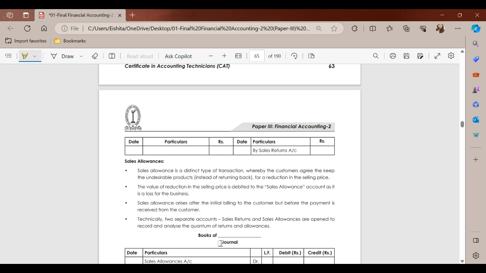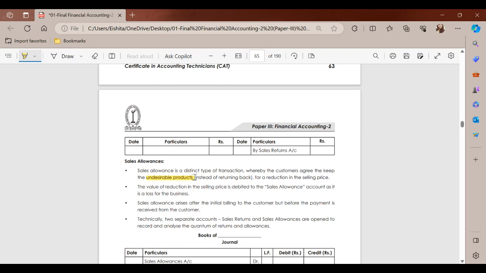Okay. What is sales allowance? Sales allowance is a distinct type of transaction whereby the customer agrees to keep the undesirable product. That means the goods are somewhat defective, due to bad workmanship or a different color. Suppose you wanted the blue color and the salesman has given you green.